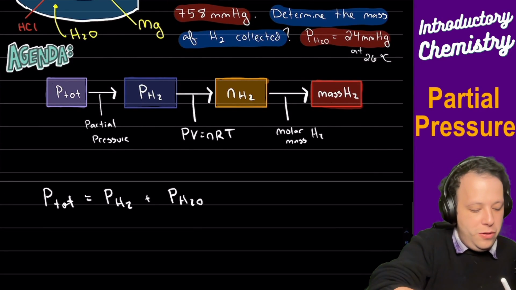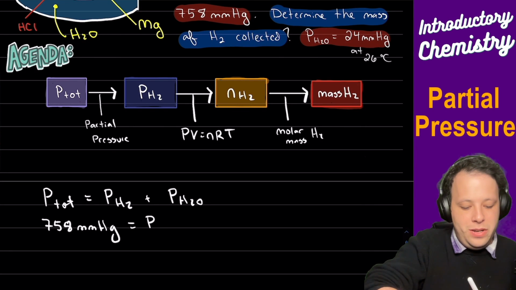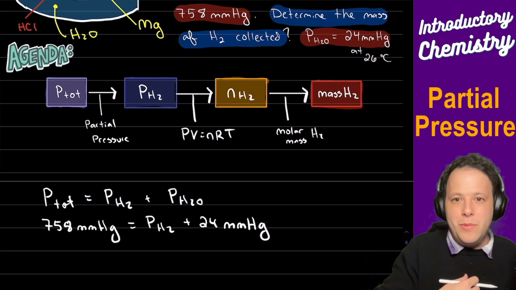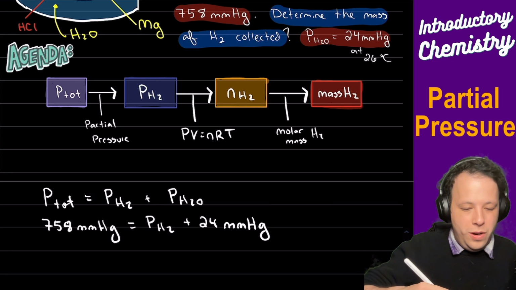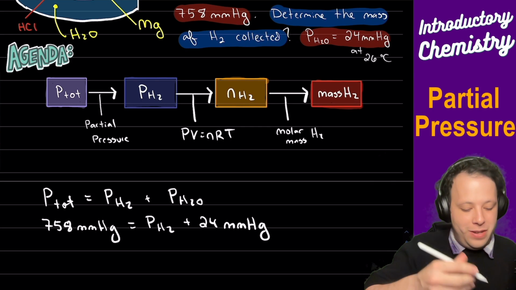If my total pressure was 758 millimeters of mercury, we don't know the pressure of hydrogen, but we were given the pressure of water. So what we can do with that is rearrange this and find the pressure of hydrogen.